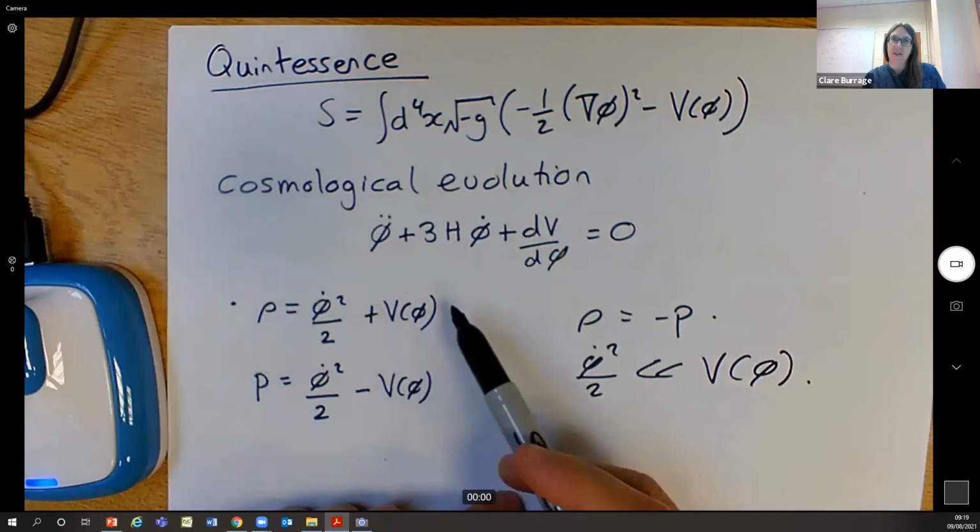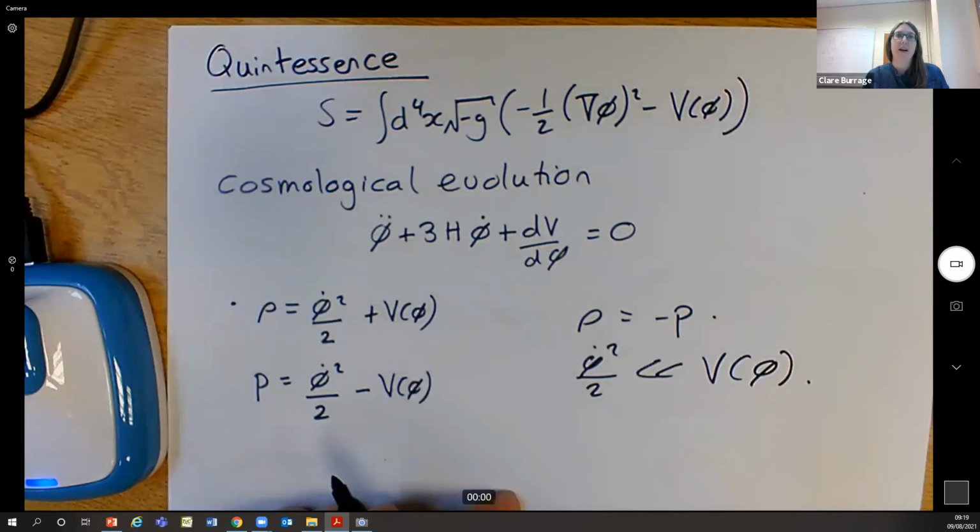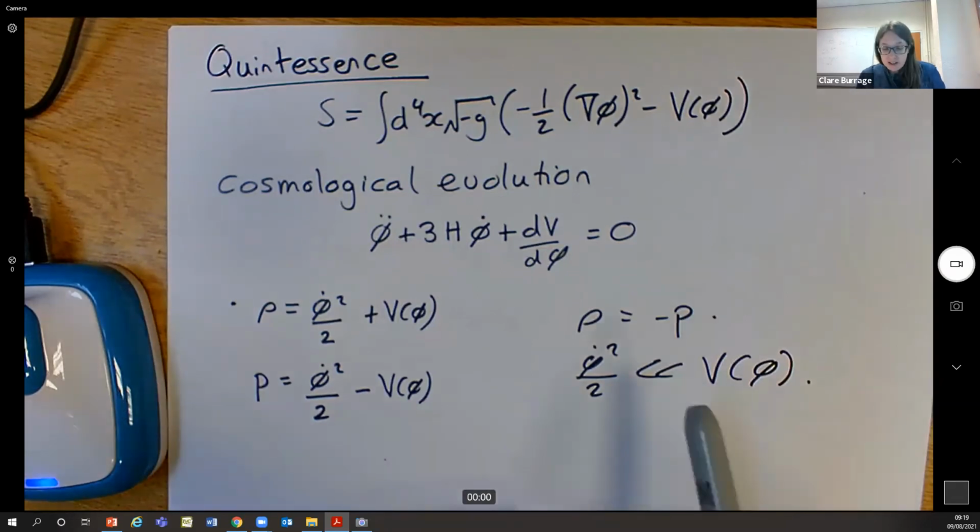Because then the V of phi terms dominate over here, and we get an equation of state equals -1. So that's fine. That's a slow rolling regime.